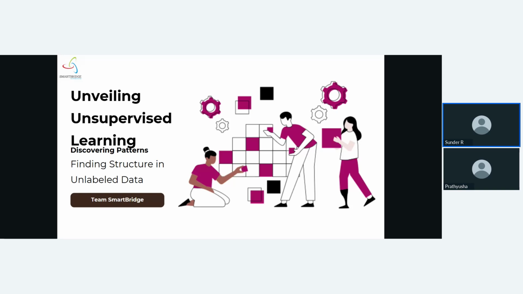Initially she might not be able to classify, she might not even understand what this is, right? But once it is thrown on the floor, will she not be able to get some patterns, or identify some structure, colors, or size? She does it, right? That is what is going to happen in unsupervised learning.